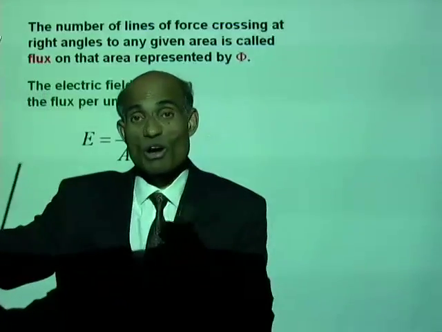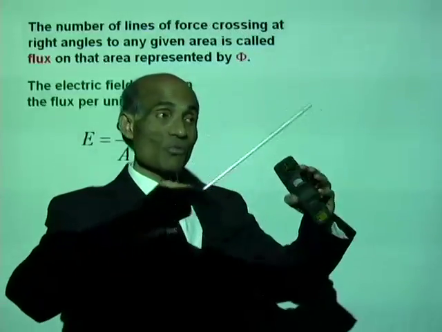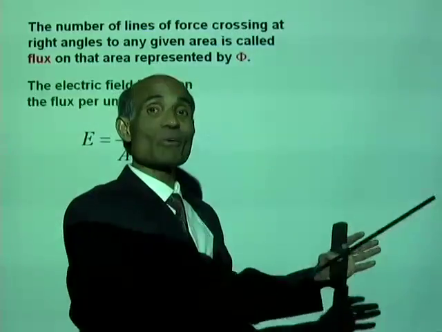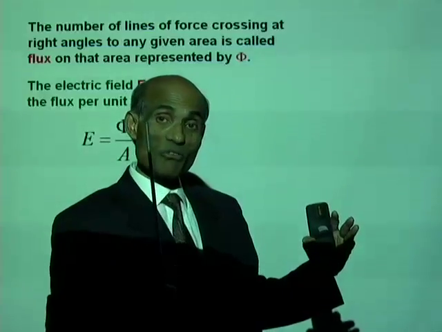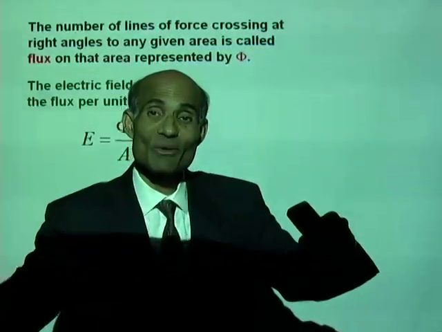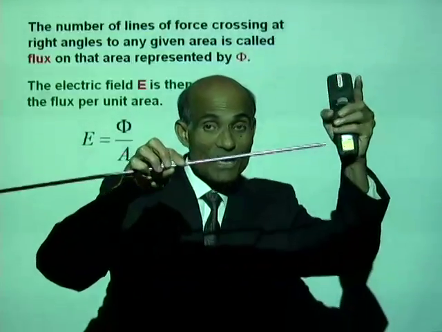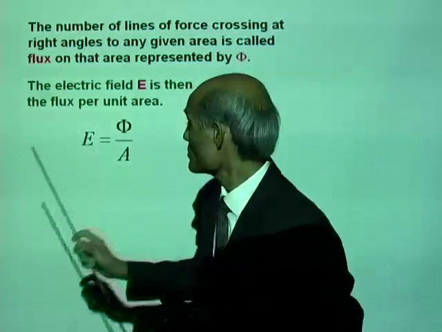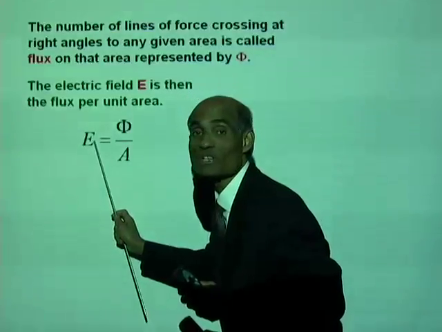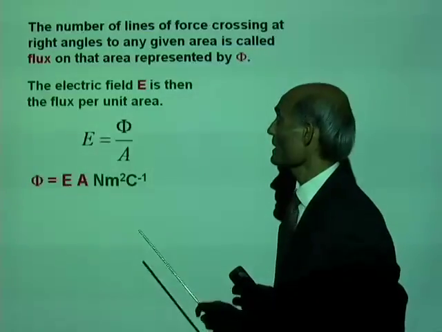Flux is a measure of the total number of lines of force crossing at right angles to a given area. An electric field is flux per unit area, number of lines of force crossing at right angles to a unit area. So electric field intensity is flux per unit area.